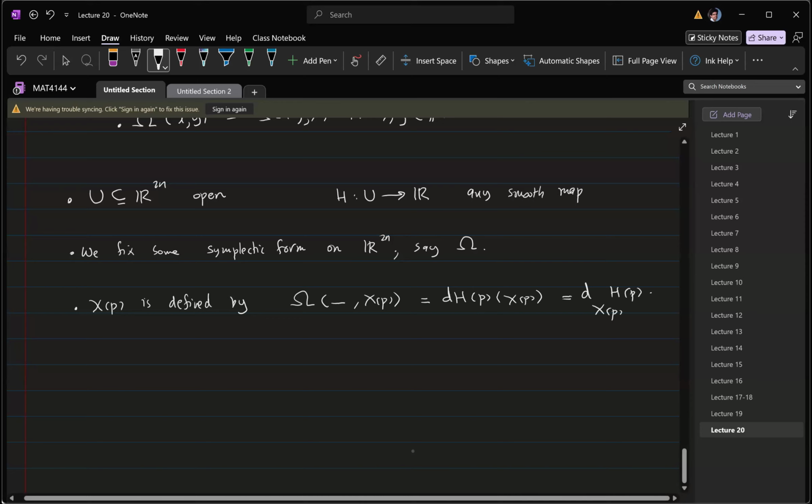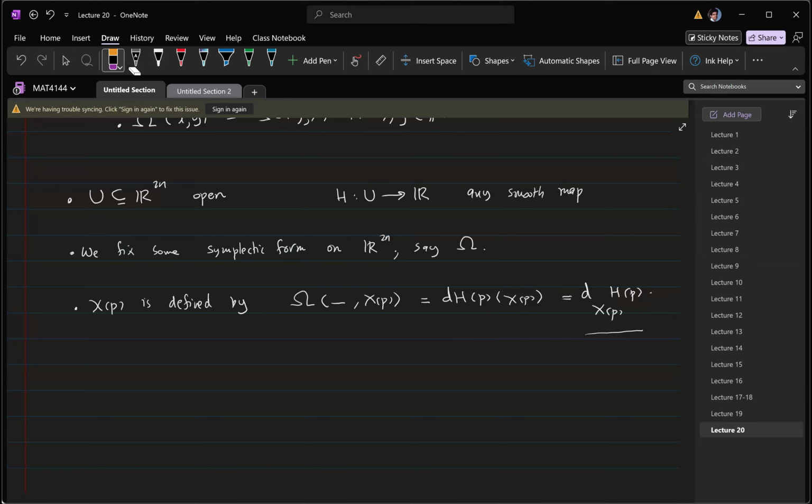You can either think about it as a partial derivative in the direction of X_p, or as computing the derivative and evaluating at X_p, composing with this linear transformation. So it's just this partial derivative.